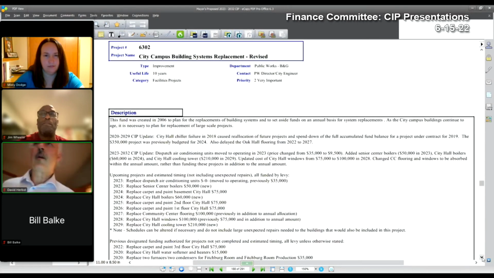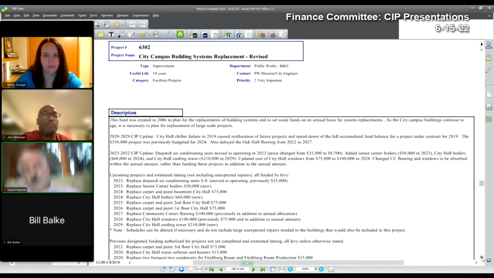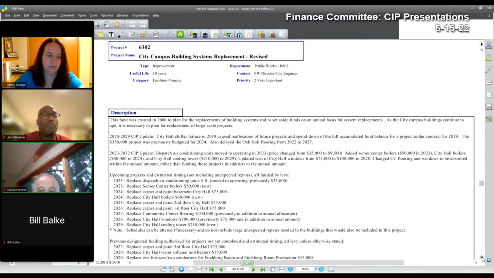6302 is a city campus building systems replacement. This is a replacement fund for major building mechanical systems and maintenance and replacement refurbishment for City Hall, Community Center, and Senior Center. As we've talked about through other conversations, the systems and interior finishes in this building are over 20 years old, and many have already seen a need for replacement and have been replaced, and others are certainly at that spot or nearing that spot.